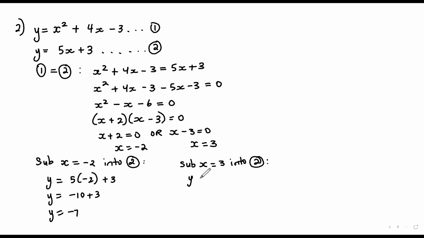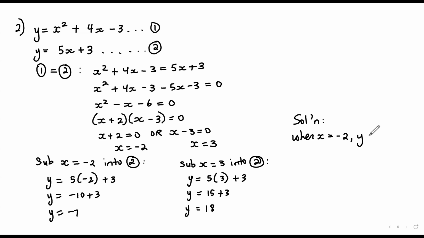So that would be y is equal to 5 times 3 plus 3, which means y is equal to 15 plus 3. Y is 18. So my solution is when x is equal to negative 2, y is equal to negative 7. And then when x is 3, y is equal to 18.